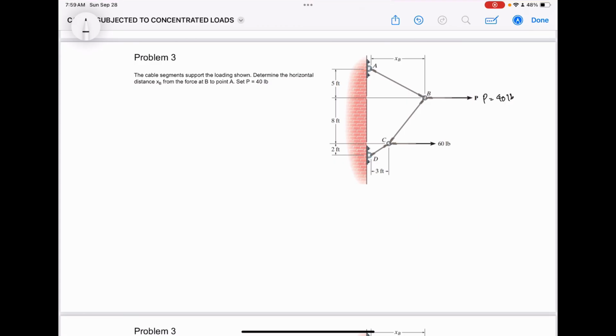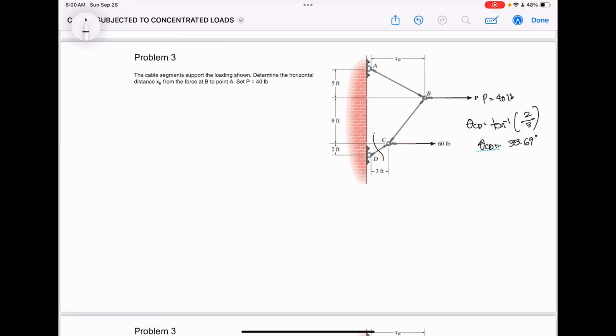So, we can start by obtaining theta CD is equal to tan negative 1, 2 over 3. Theta CD is equal to 33.69 degrees. So we can do the method of sections.